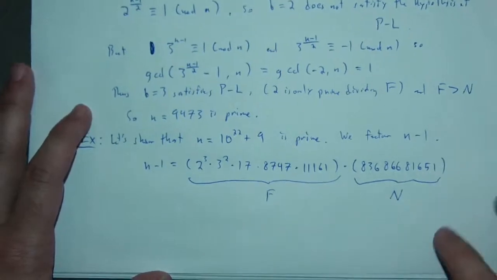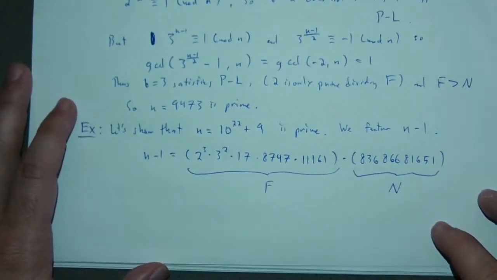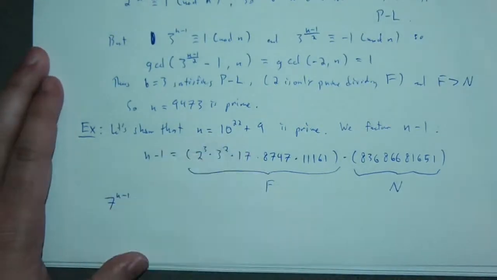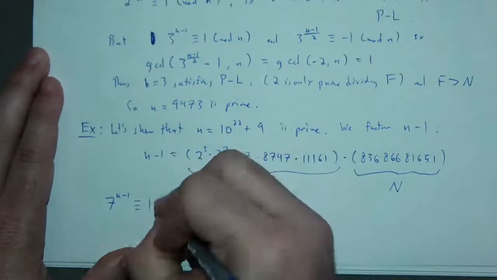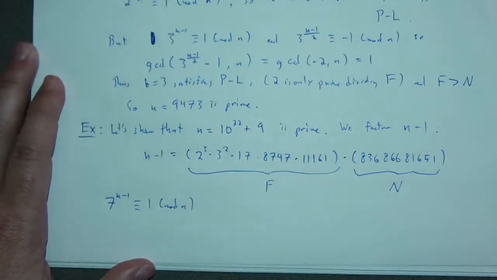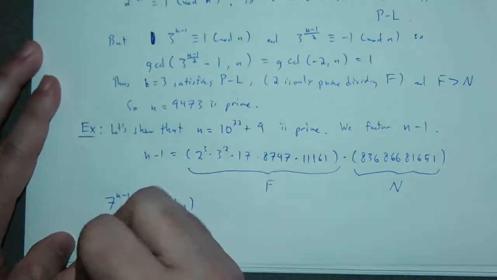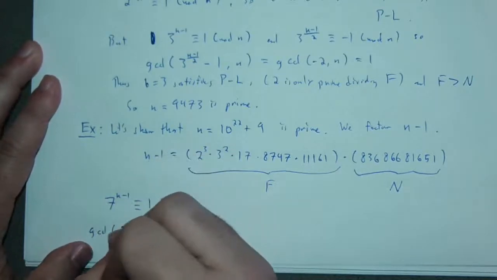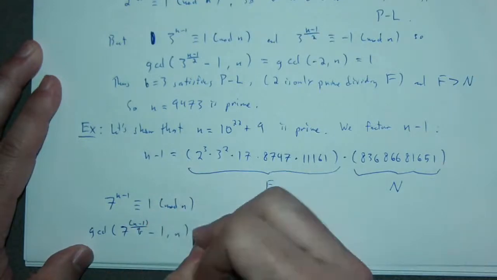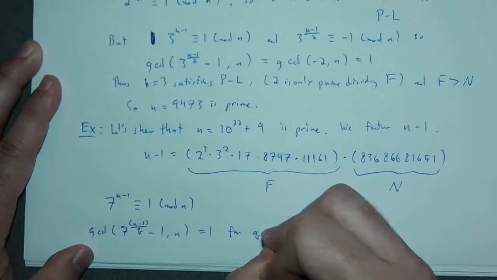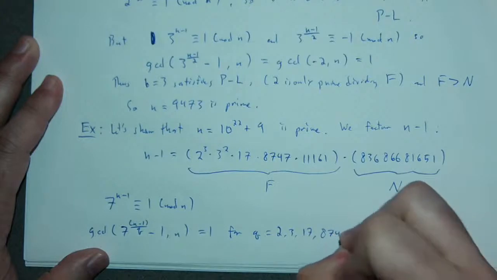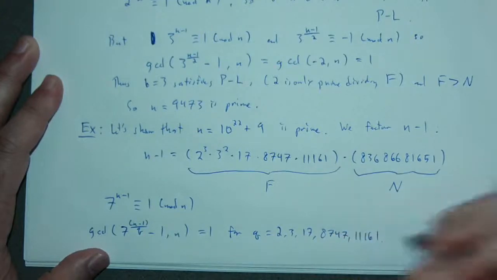So here's my big F, here's my big N, and so you can show that 7 to the n minus 1 is congruent to 1 mod little n, and the GCD of 7 to the (n minus 1) over q, minus 1, and n is 1 for q that is 2, 3, 17, 8747, and 11,161.